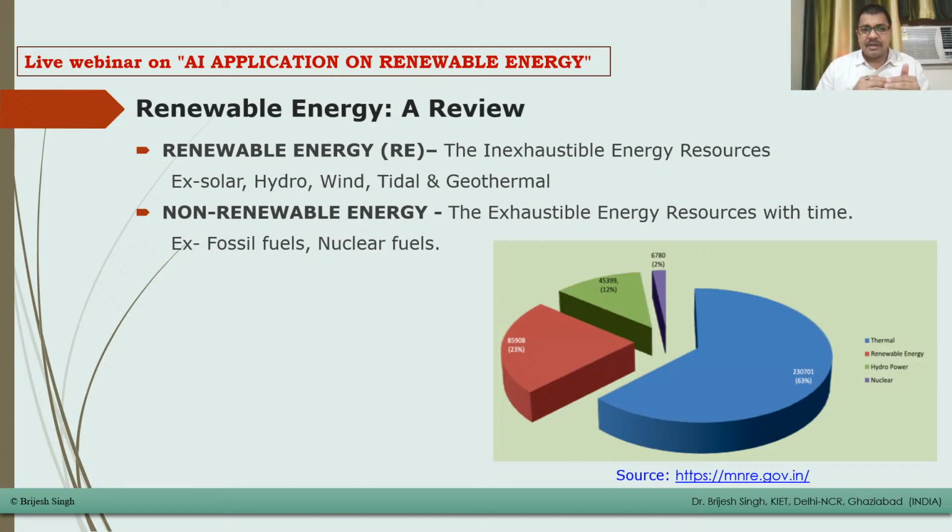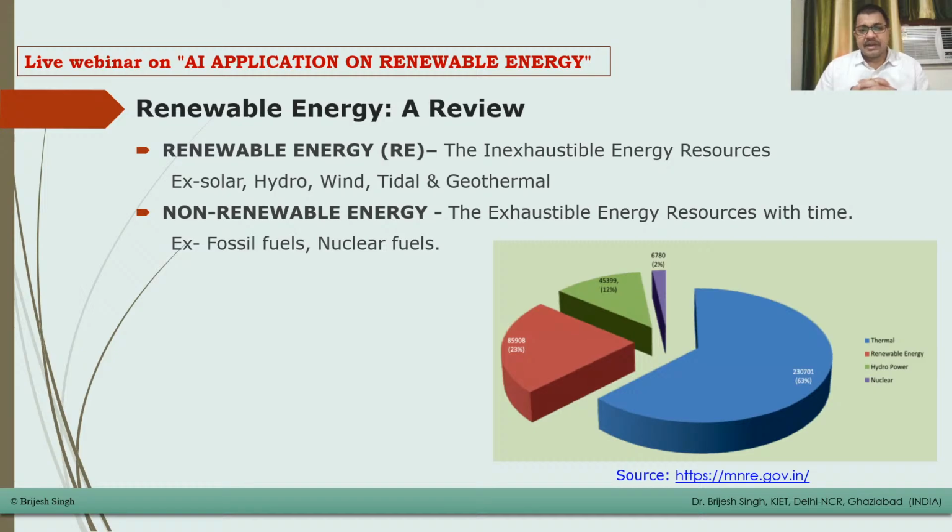At the same time, the non-renewable energy resources are known as exhaustible energy resources, because during the consumption of these resources for conversion of one form of energy to another, they are exhausted, like fossil fuels or nuclear fuels.